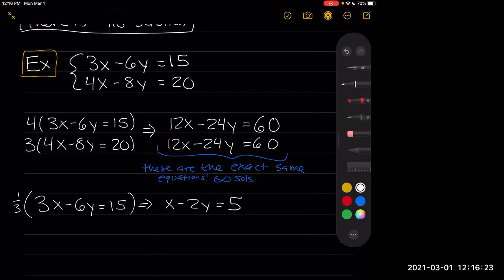And then I like to solve it in the y equals mx plus b form. That's my favorite. So we're going to subtract an x from both sides. So we're going to have negative 2y equals 5 minus x. We're going to divide both sides by negative 2.